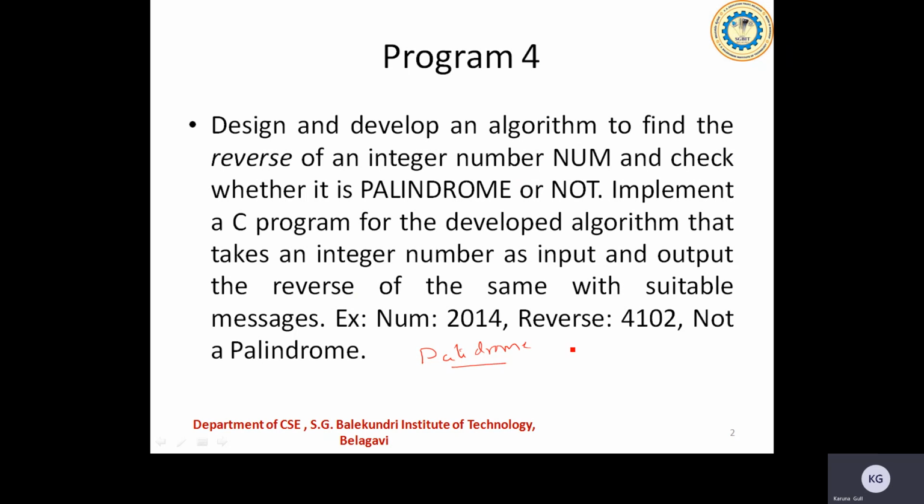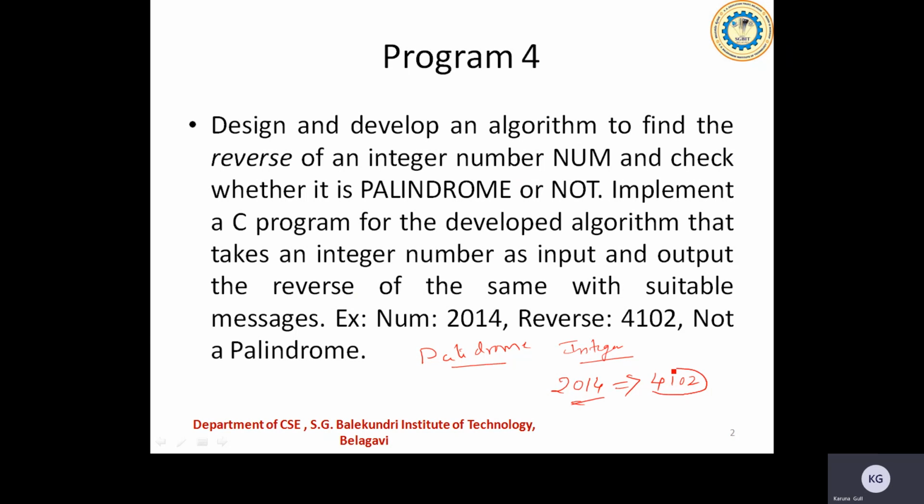So here they have told us to take an integer number. Okay, so you have to read an integer number. In this case it is read as something like 2014. So first you are supposed to find the reverse of this number. The reverse of this number is 4102.